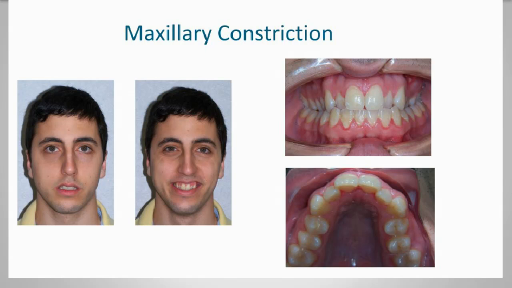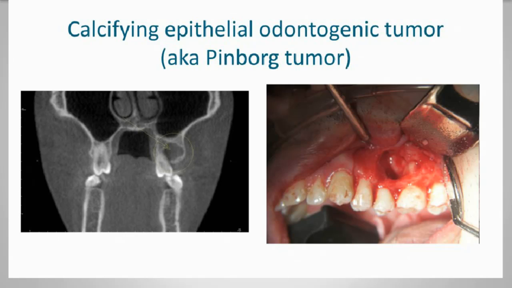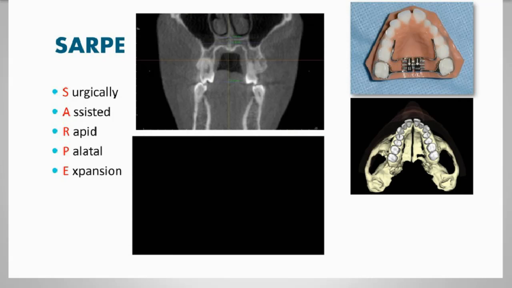You can see the gingivitis, the bilateral posterior crossbites, the maxillary constriction in the form of crowding as well. Cone beam oftentimes allows us to detect pathology; always take care of pathology first. This particular patient had an odontogenic tumor which had to be removed. Patient was then treatment planned for something called SARPE, which stands for Surgically Assisted Rapid Palatal Expansion.